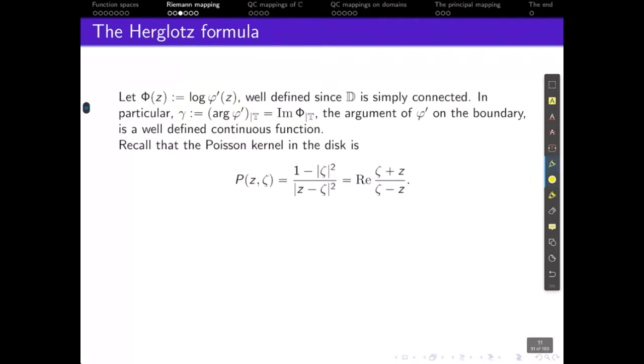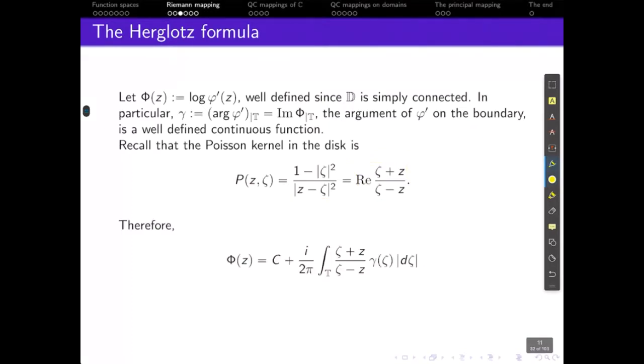Now recall the Poisson kernel in the disk, which solves the Dirichlet boundary value problem. It is this thing here, which is the real part of (zeta plus z) divided by (zeta minus z). And this is nice because this kernel is holomorphic, out of its poles.